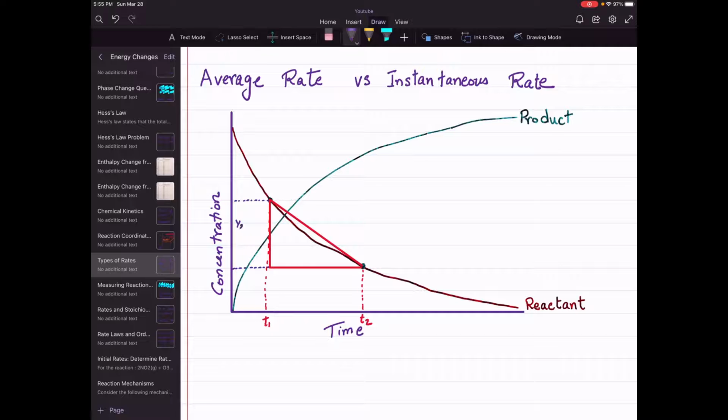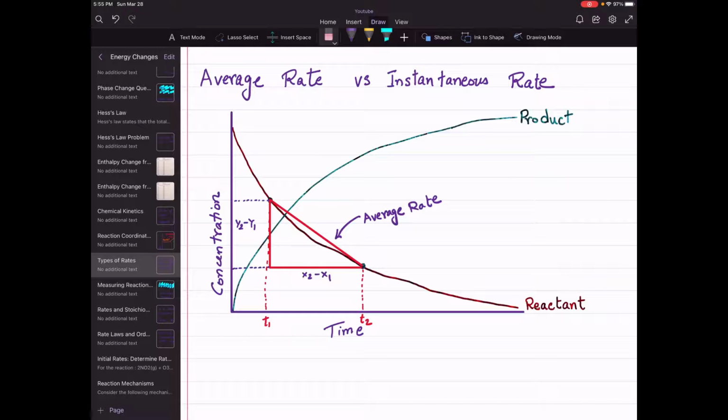So this is y2 minus y1, and this is x2 minus x1, which is the same here as concentration final minus concentration initial over time final minus time initial. That will give us the average. So this is going to tell us the average rate, right? So an average rate is determined by drawing a secant on your curve. Okay, so when you draw a secant, it gives you the average rate.